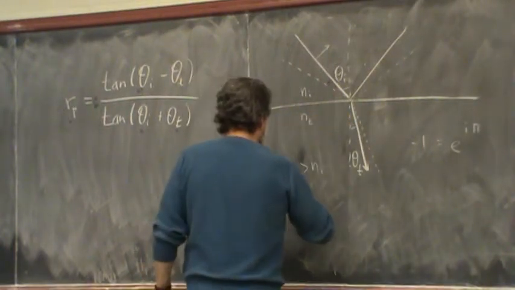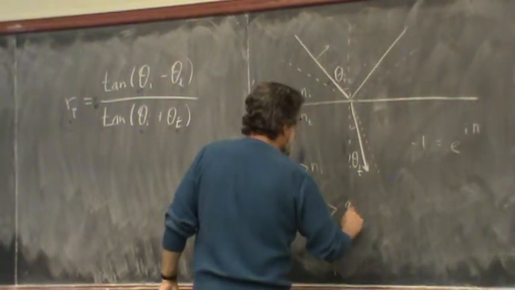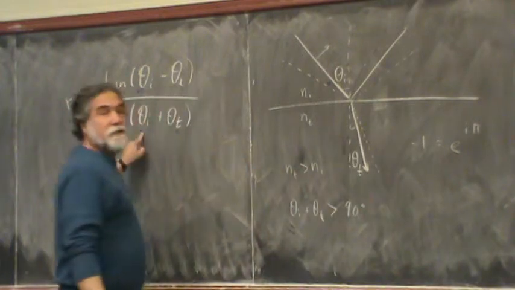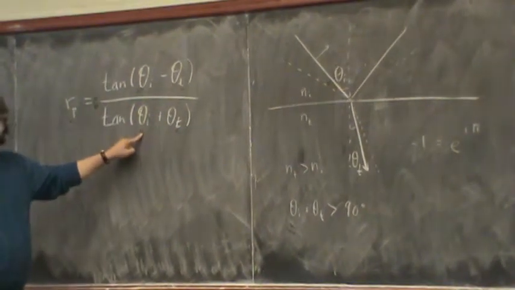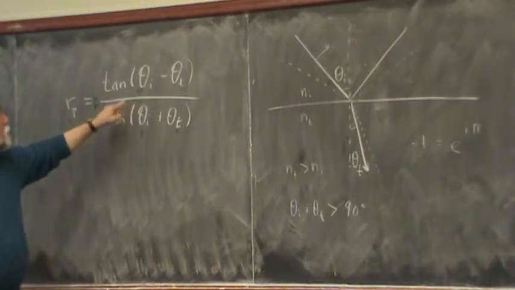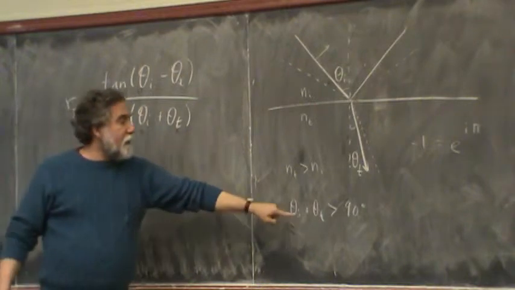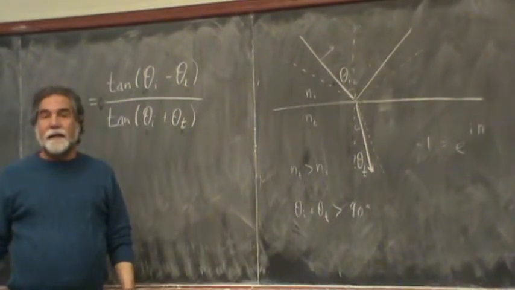So when theta I plus theta t is greater than 90 degrees, then tangent becomes negative. It switches sign, grows and then becomes negative. So this does not switch signs, but this does when theta I plus theta t is greater than 90 degrees.